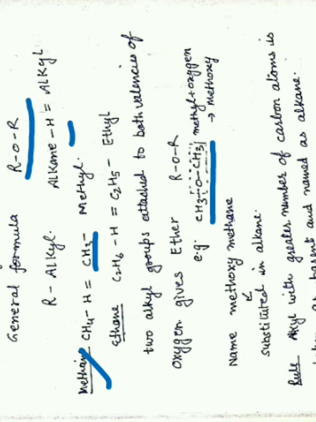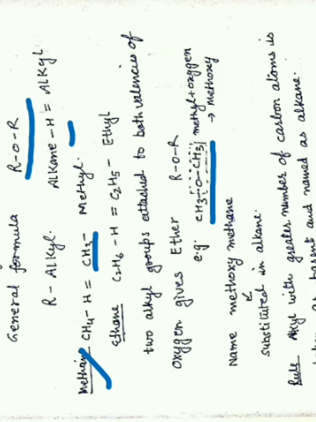Now one question may arise: why are we writing methane, why are we not writing methyl, because CH3 is given. So let us compare this with the concept. When you were writing CH3Cl as chloromethane, chloro was the substituent, and it was substituted in methane, CH4: one hydrogen removed and Cl brought in.